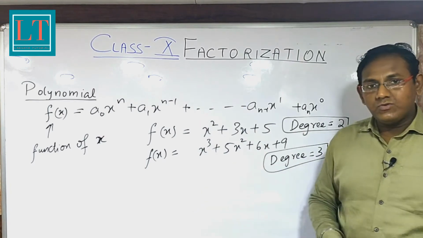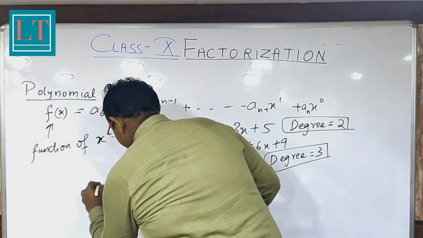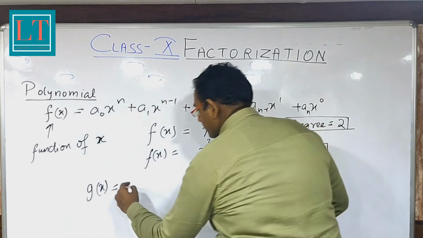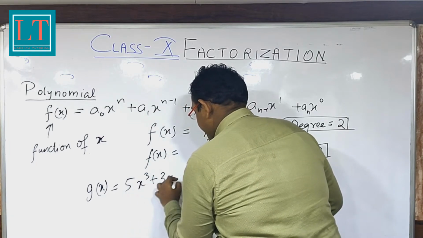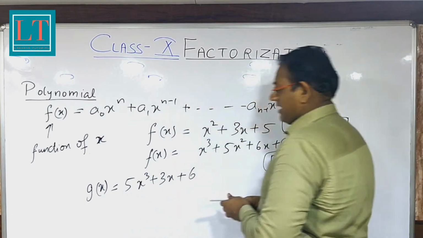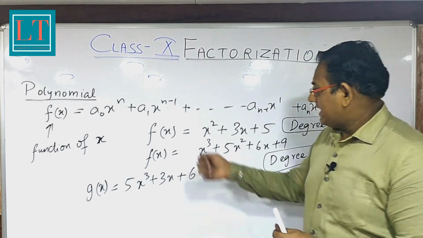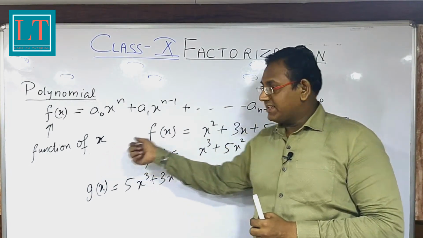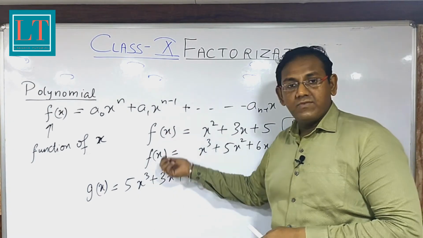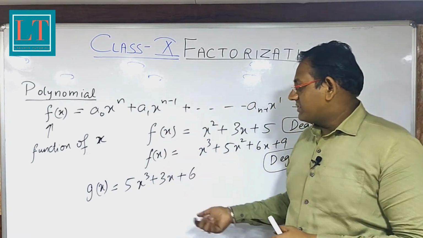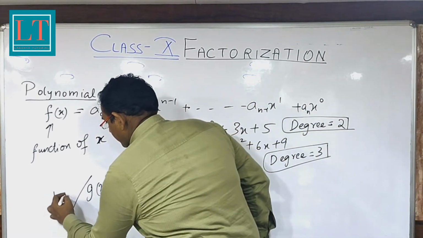Let us take one more example. I am writing this example as g of x is equal to 5x cube plus 3x plus 6. In the previous examples we wrote the function of x as f of x, but it is not compulsory that each and every time we write f of x. We can denote it as g of x, or as h of x.